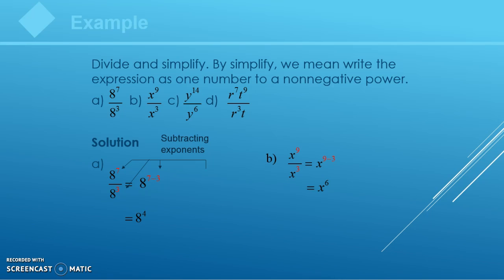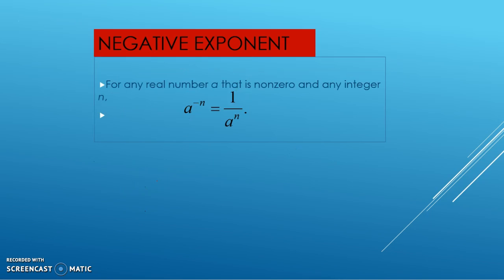We have the negative exponent rule. I don't know if you remember this one from maybe high school. I love this one. Anytime you have a negative exponent, the way you make it positive is cross the line, change the sign. If you've ever heard that before, this is what it means.